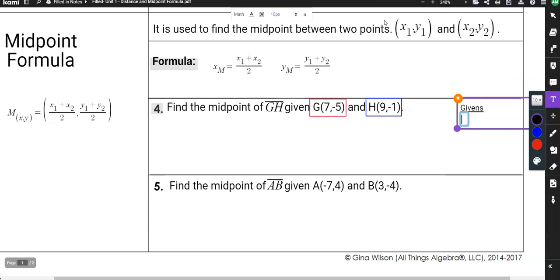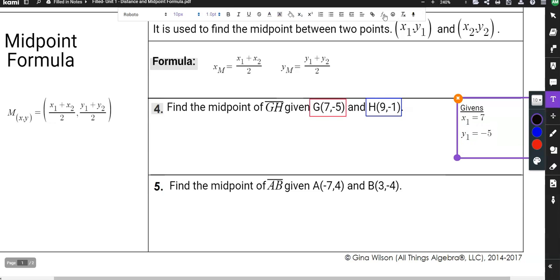Using the formula tool, I'm going to say that x1 is going to be equal to 7, and y1 is going to be equal to -5. And then x2 will be 9, and y2 is going to be -1.